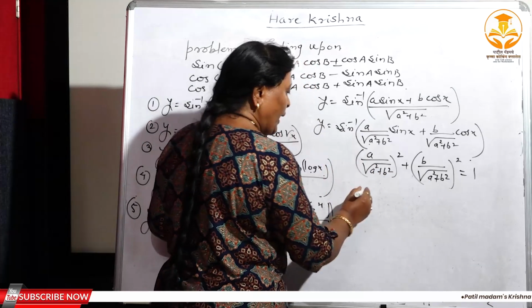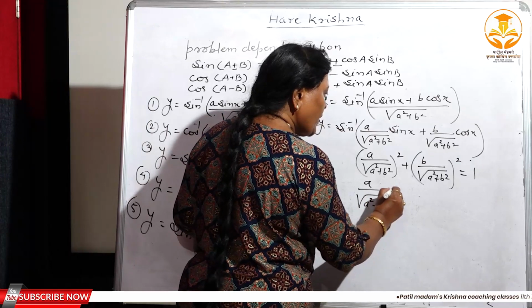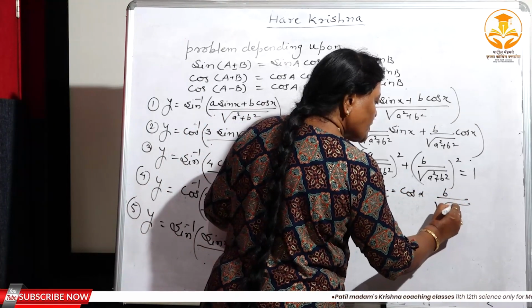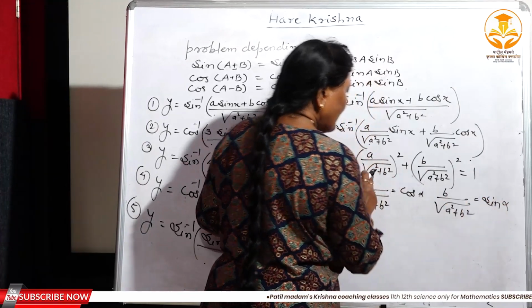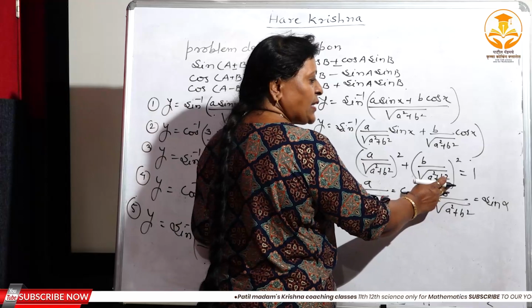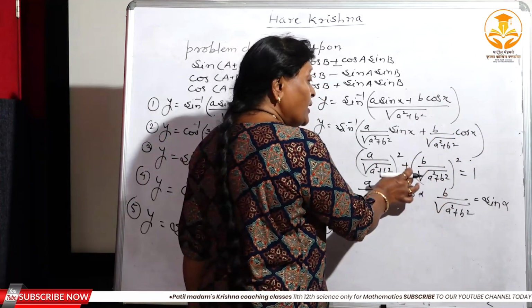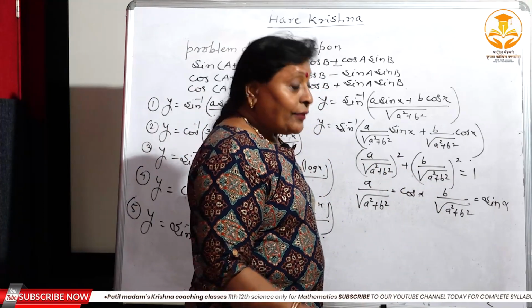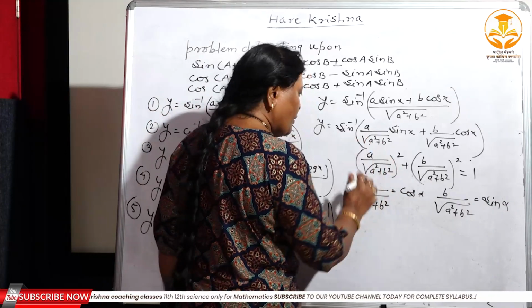Suppose you put A divided by root of A square plus B square equal to cos alpha, and B divided by root of A square plus B square equal to sin alpha. Then what you get is cos square alpha plus sin square alpha, which is always equal to 1. Therefore this algebraic identity satisfies the trigonometric identity, and in place of this you can substitute a trigonometric constant.